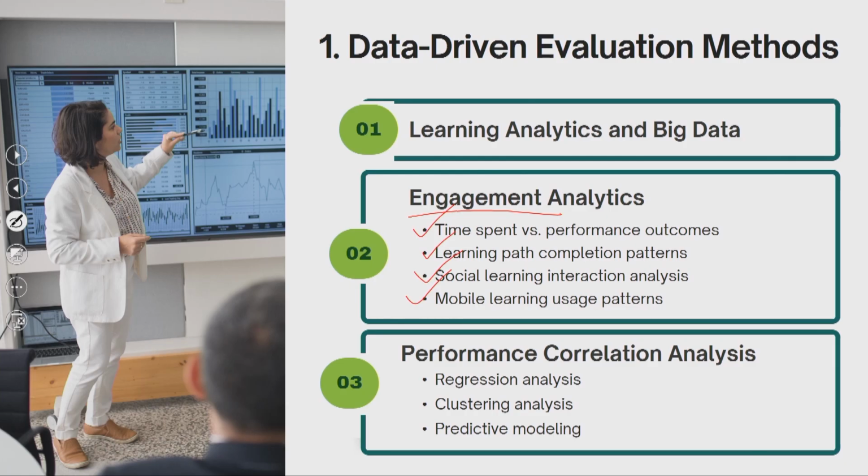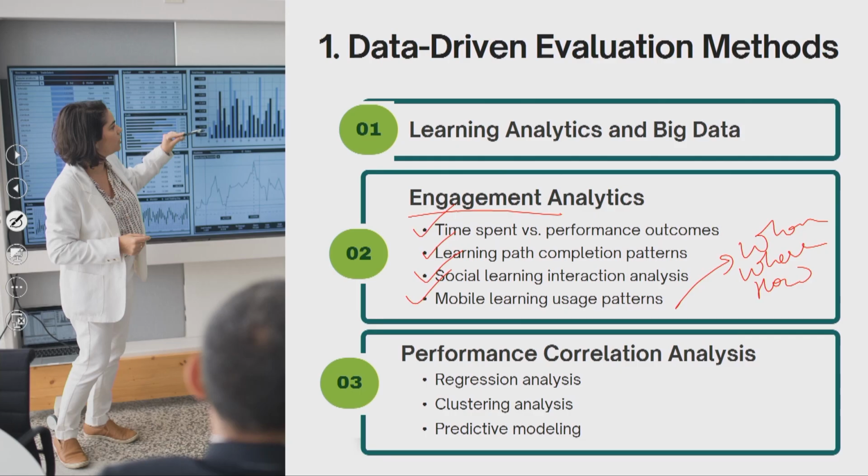When you're looking into the mobile learning usage patterns, it reveals when, where, and how people prefer to learn, helping organizations optimize the delivery timing and format for maximum impact.